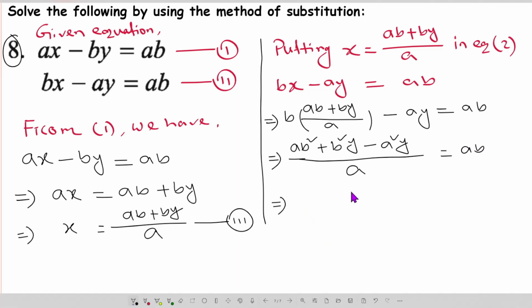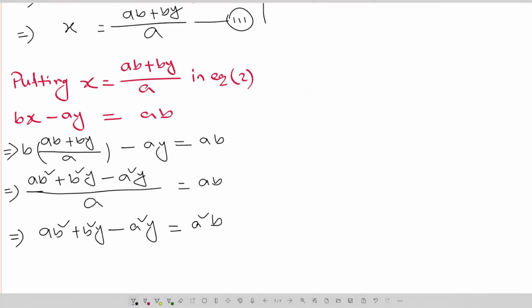Then cross multiplication, and here ab square plus b square y minus a square y equals a square b. Okay, now here we have to find out the value of y.